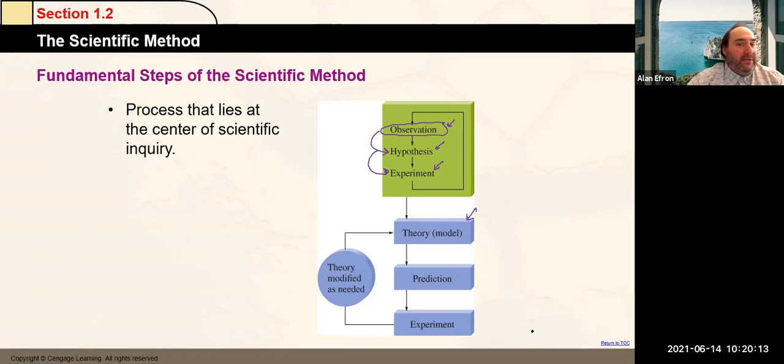So it may not always be found to be correct in all aspects. And we're going to see some here in just a bit, some theories that are correct in certain cases, not so correct in all aspects. Later experiments may have shown that maybe this part of this theory is not right, but this part is right. So you get this theory where you make predictions, use some more experiments.